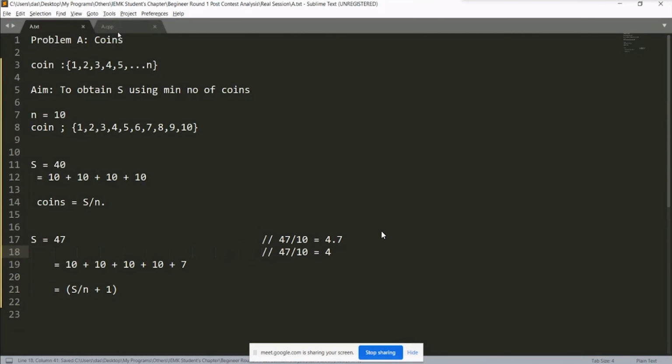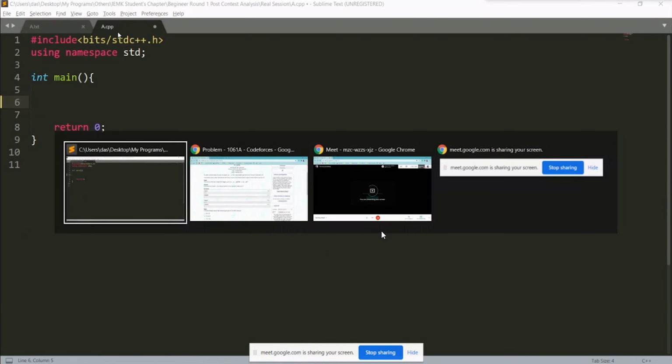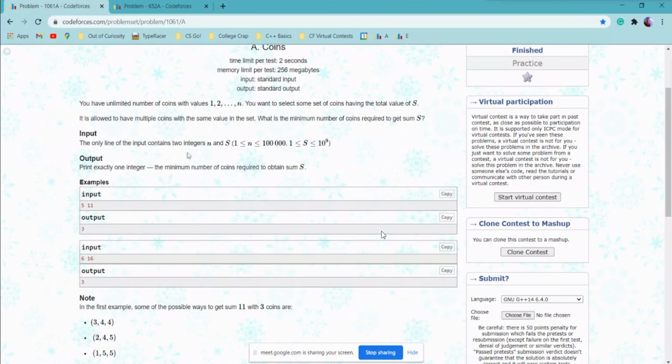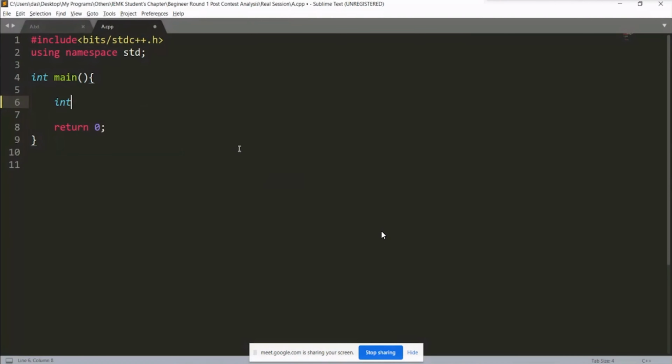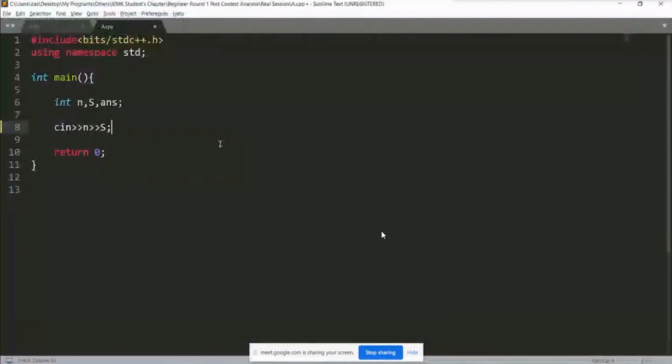Okay, let me quickly show you the coding implementation of this. It's very simple code. We have two integers, n and s, that is, the coin value and the sum that we want. I'm also taking an answer variable to store the result. So we take input n and s. After that, we will encounter two cases.